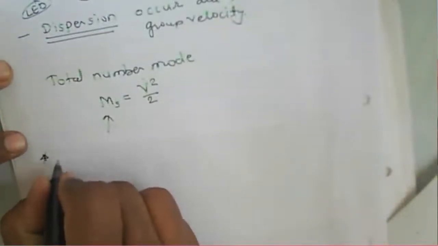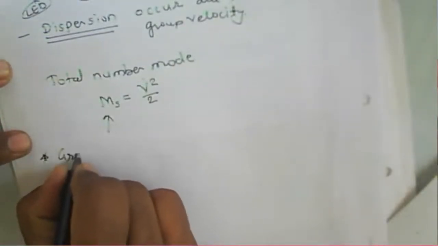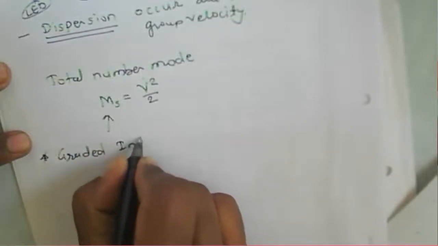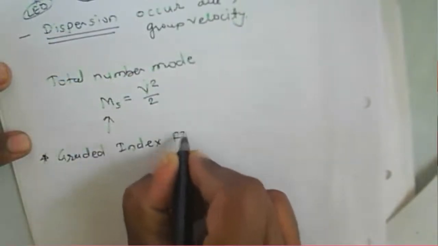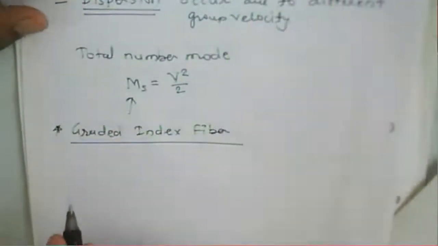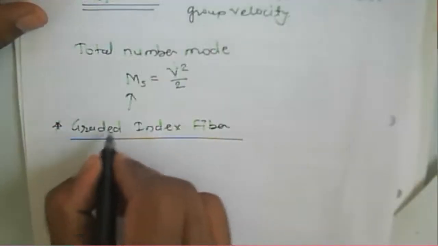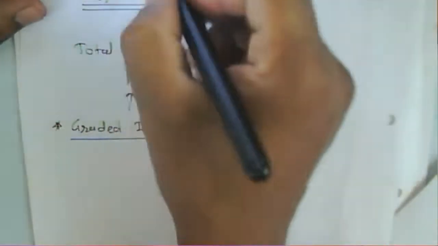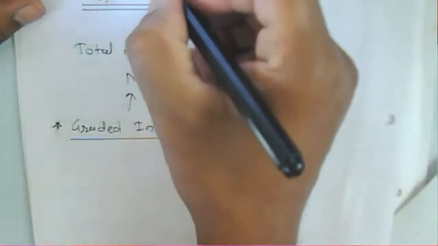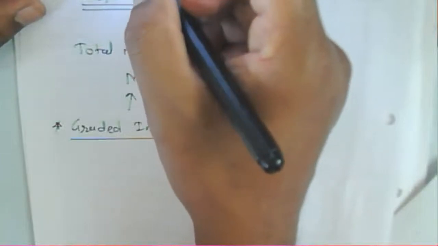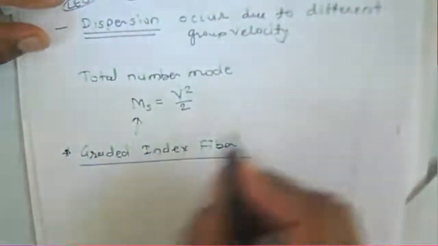Next, we can say a graded index fiber. Now in a graded index fiber, the core diameter is similar to the multimode fiber, but they have a variation in the refractive index at the core there.